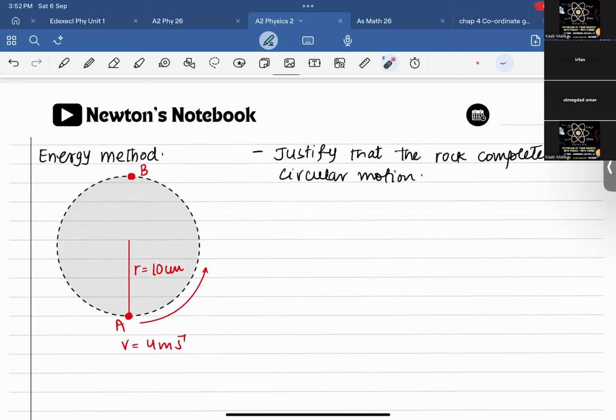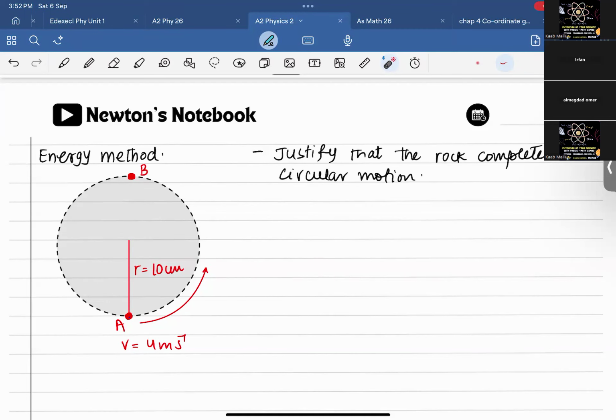So I'm saying to justify that the object at point B is completing the circular motion. And if it is not completing the circular motion, then you have to give the reason accordingly. Clear, getting the concept? Do you guys have any idea how to solve it, or shall we try together?